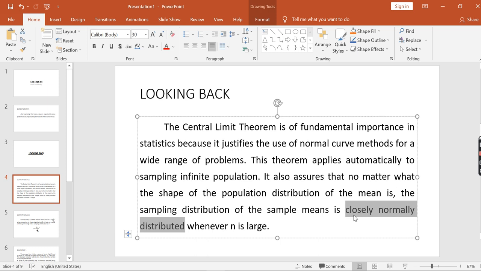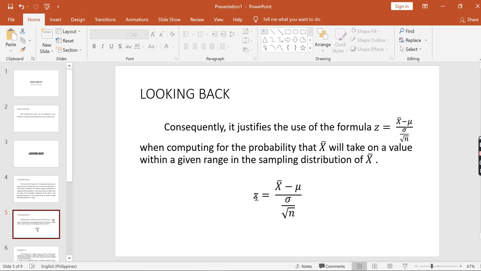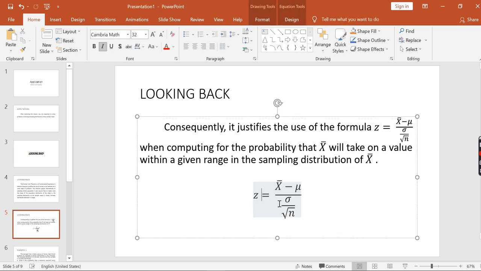Since the assumption here is that the graph of a sampling distribution of sample means is normally distributed, we can convert it into a standard normal distribution. That's why there is a presence of z here.